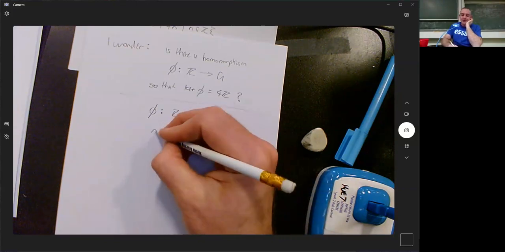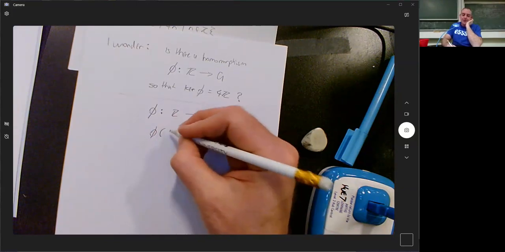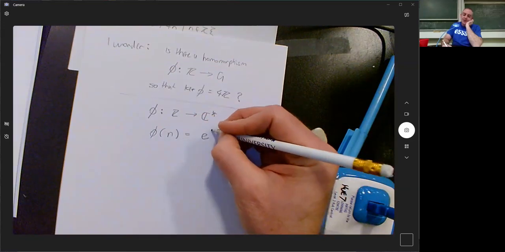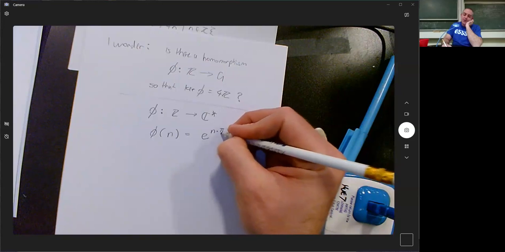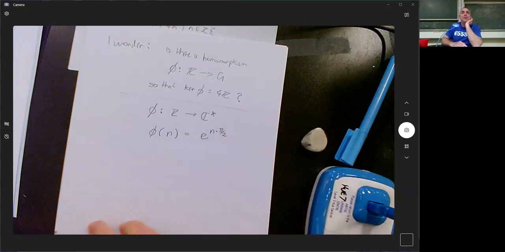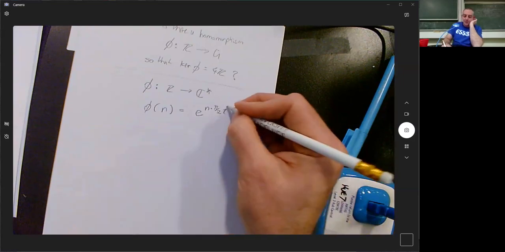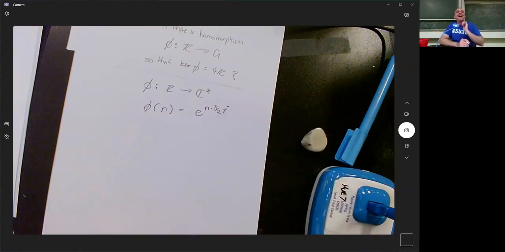And then you could have phi of n is going to be e to the n times pi on 2 i. Yes.